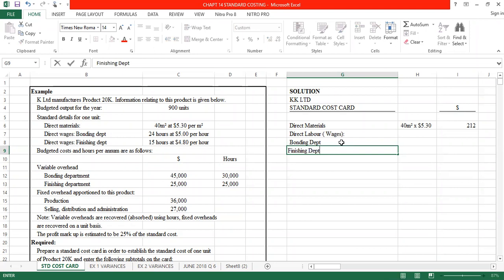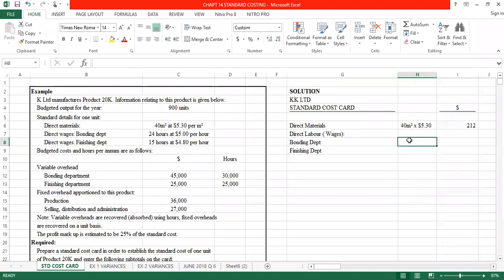For the finishing department, we have the bonding department, and we also have the finishing department. So for the bonding department, it is 24 hours times $5.